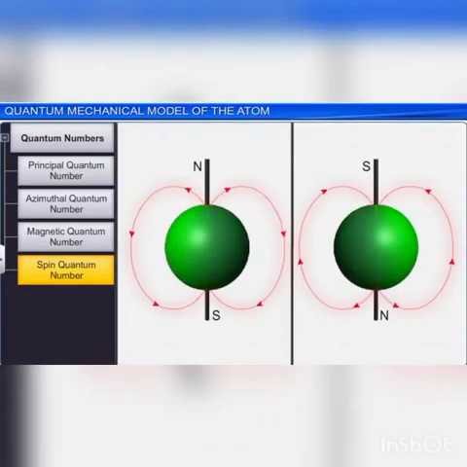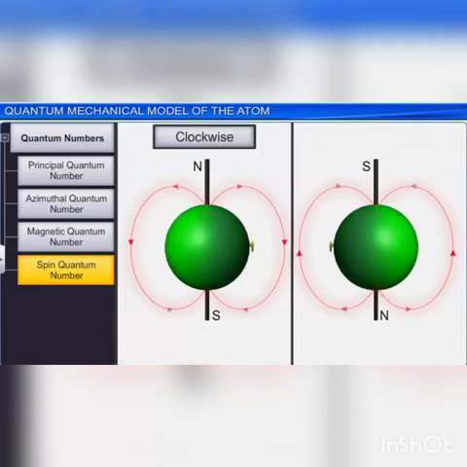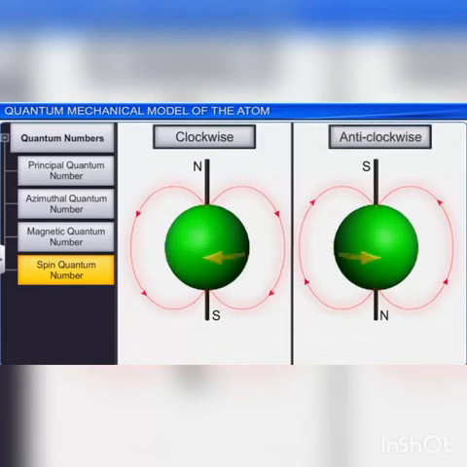The electron spin results in an intrinsic spin angular momentum that can have 2 possible orientations, clockwise or anti-clockwise, relative to the chosen axis.